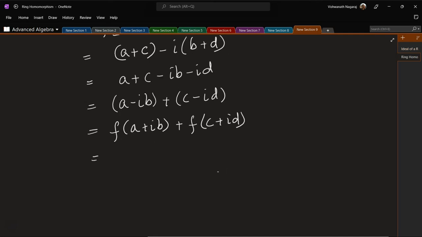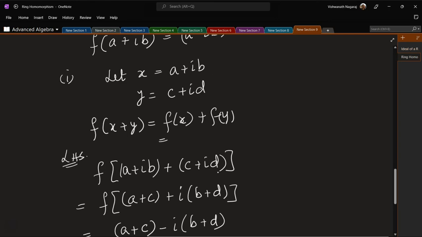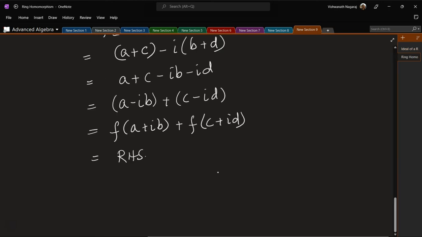So which is equal to the right hand side, or rather what it would be, f of a plus ib plus f of c plus id. Okay, so we have got the addition part done. Now let's look at the second condition. That has to do with the multiplication part.